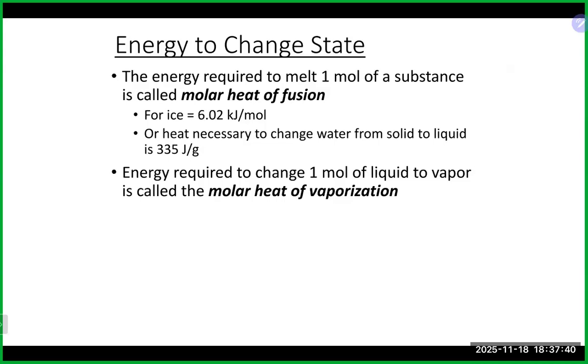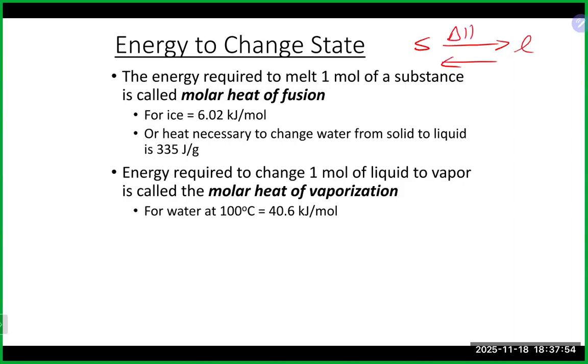Now, just like for going from solid to gas, there is also energy required to do the transition from solid to liquid, or liquid back to solid. That is the delta H of fusion. So the delta H of fusion is the energy required to simply take a substance from the solid state at its normal melting point to the liquid state.